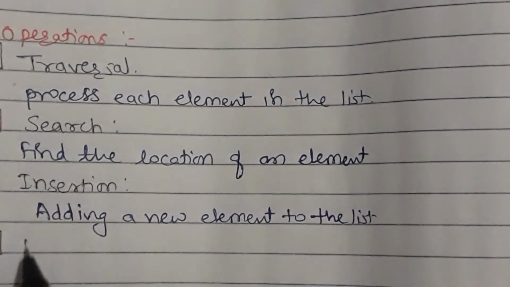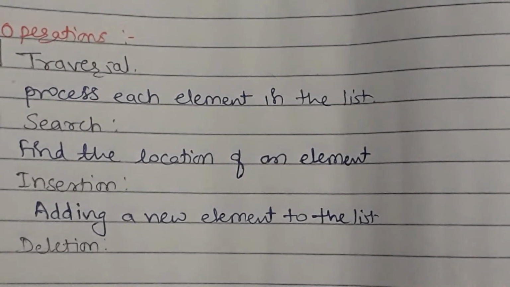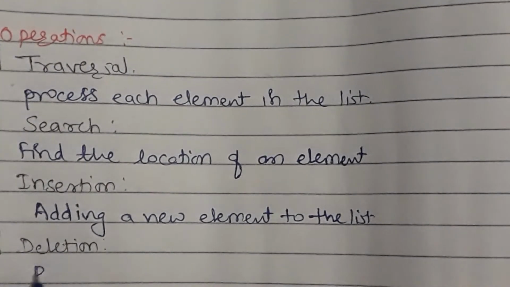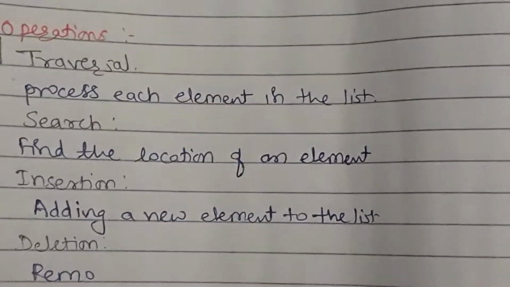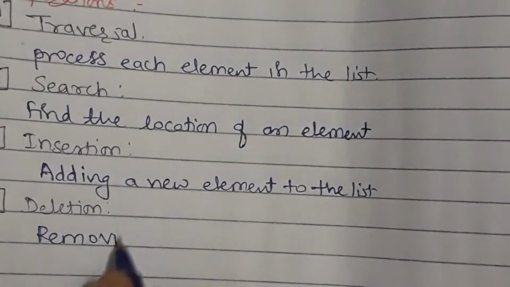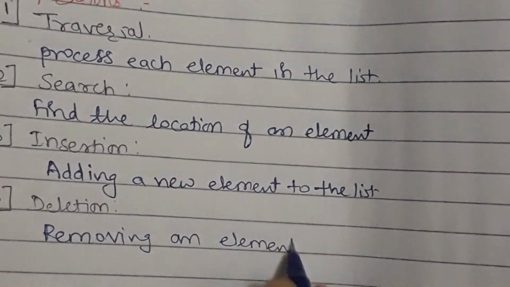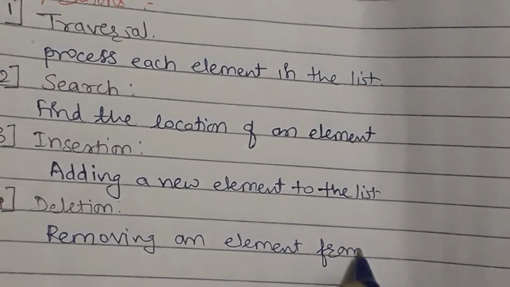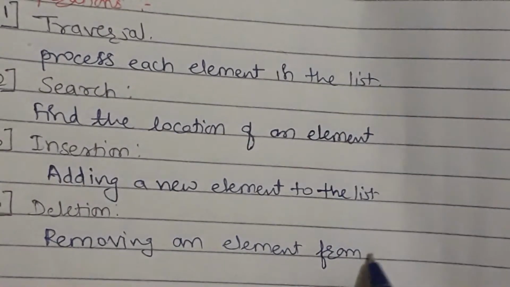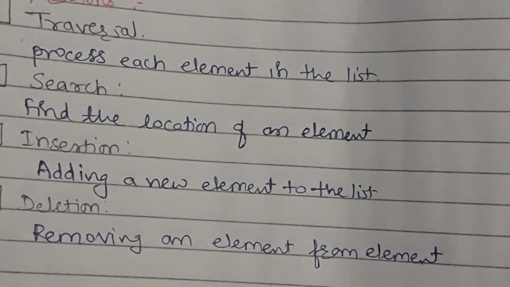The next operation is the deletion operation. Deletion means removing an element from the list. So we have to delete an element, and that is a deletion operation.